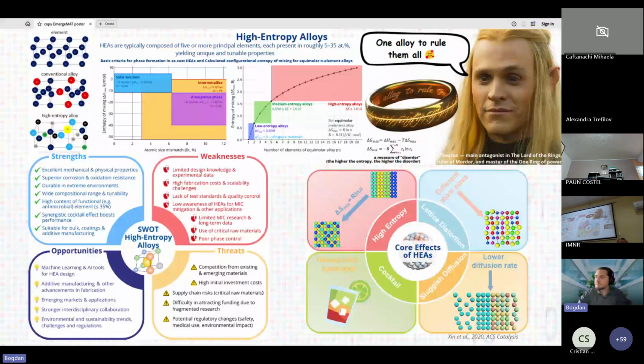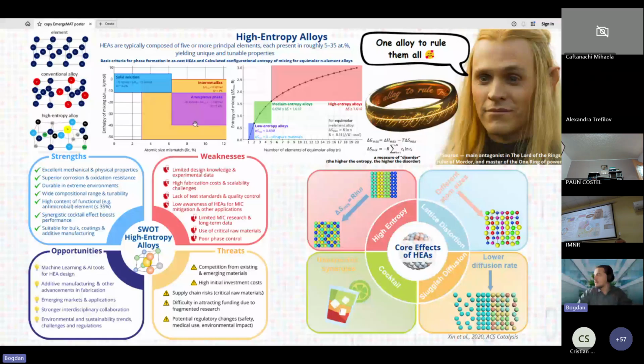Here you can see one of the figures we created for our review paper on high entropy alloys, a SWOT analysis of their properties and applications. You can also check that on the poster online. It is a systematic analysis of strengths, weaknesses, opportunities, and threats.